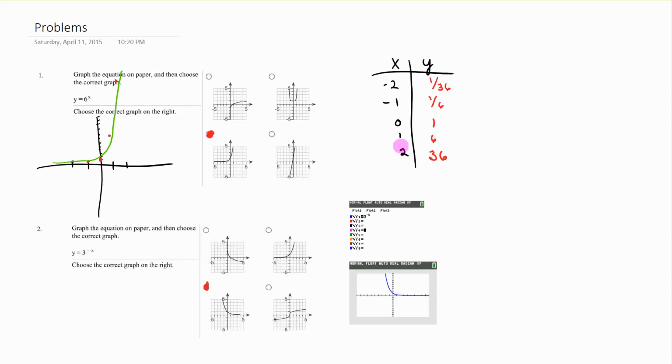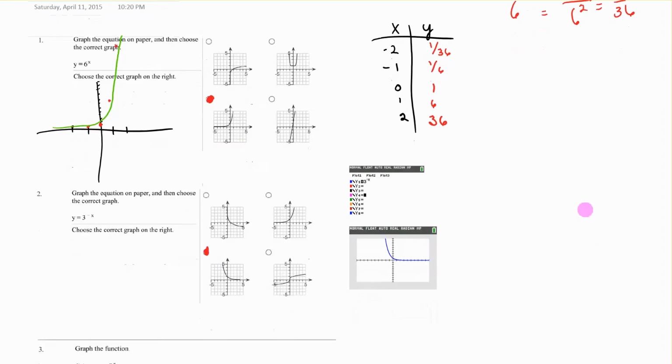And 6 to the negative 2, just to remind you, is the same as 1 over 6 to the positive 2, which is 1 over 36. So we go through and get those numbers, sketch that out on paper, and get an idea, and we definitely can match that.